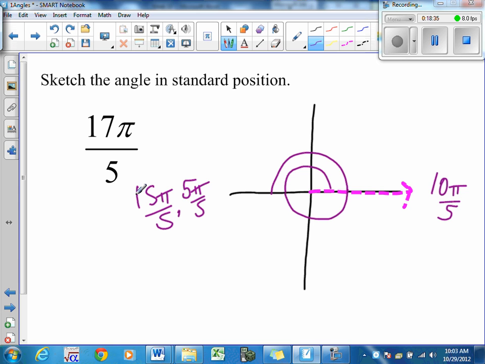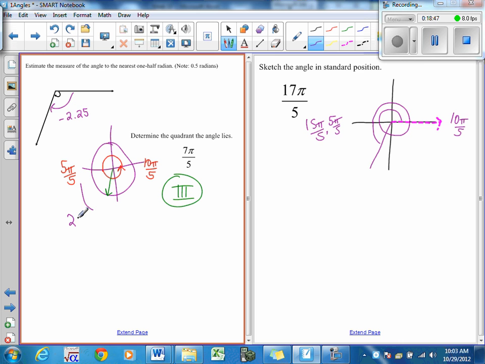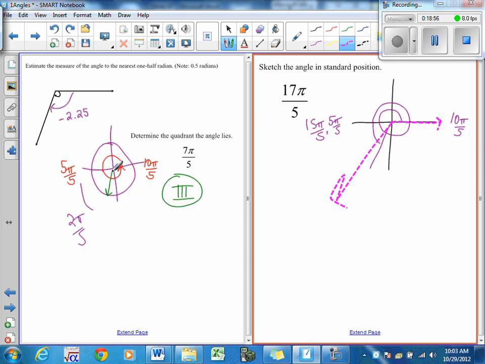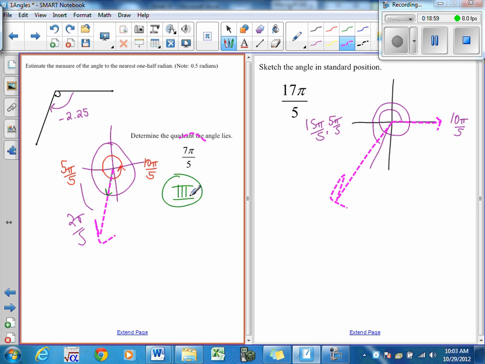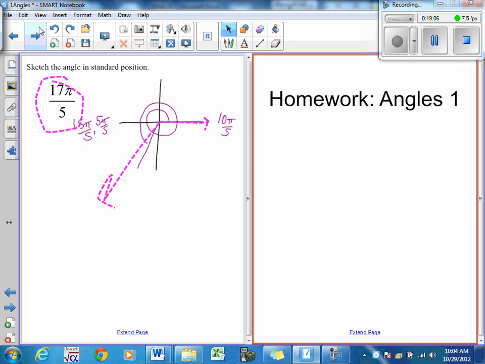I'm at 15, so I need 2 more, which is a lot like what I did in the last one, when I had 7 pi over 5, which was 2 pi over 5 more than 5 pi over 5. So this angle and this angle are the same. 7 pi over 5 and 17 pi over 5 were actually the same exact place. All right, first homework, angles, number 1.